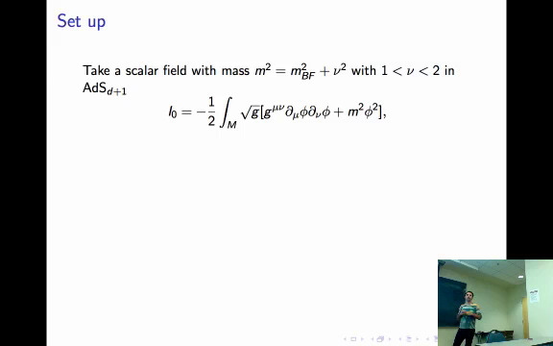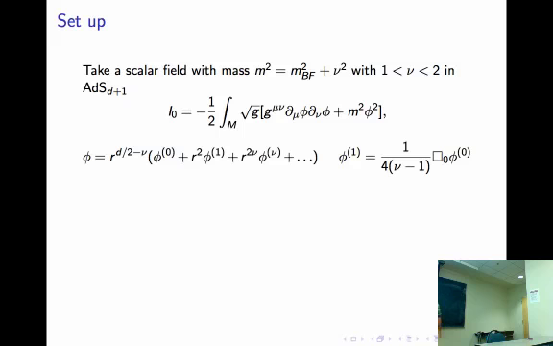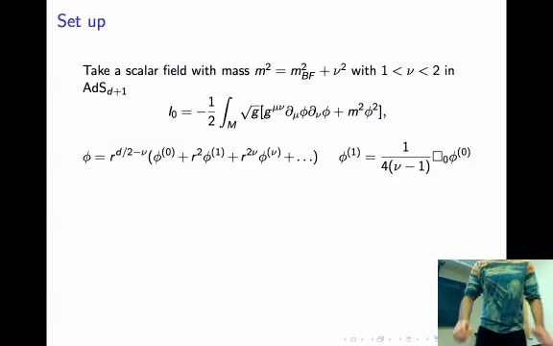You're fixing this subleading coefficient. So what remains scales with r like this, and that tells you that the conformal dimension has to be delta minus, which is d over 2 minus mu. And since mu is between 1 and 2, this theory from the holographic point of view violates the unitarity bound.